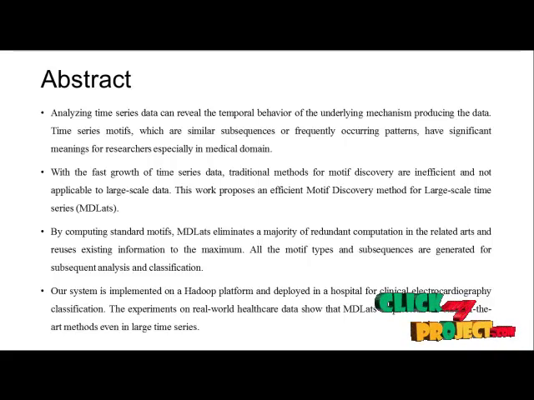Our system is implemented on a Hadoop platform and deployed in a hospital for clinical electrocardiography classification. The experiment on real-world healthcare data shows that MT-lags outperforms the state-of-the-art method even in large time series.